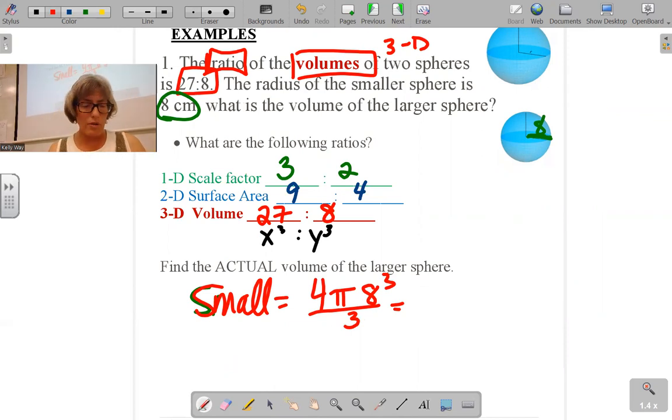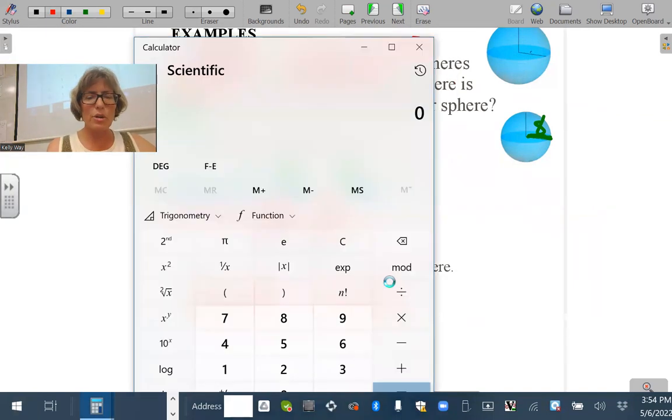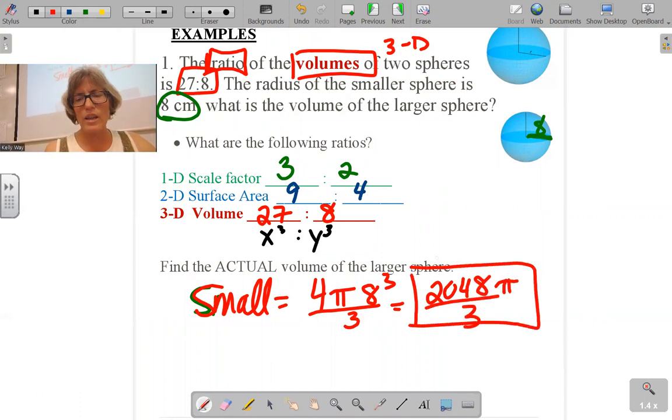That's 512. So in your calculator, you are doing 512 times 4, 2048 pi over 3. Box that. That's your volume of the smaller.